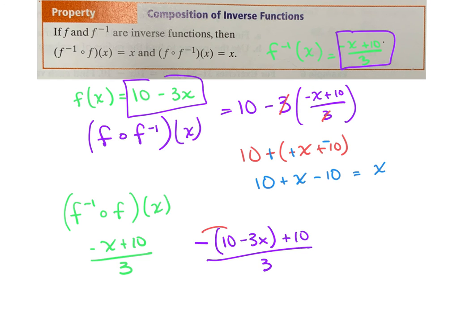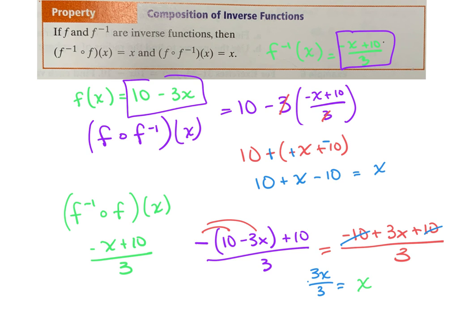Distribute your negative. So I get a negative 10 plus a 3x plus a 10, over 3. What happens to my 10s? They cancel. I have 3x over 3. Reduce, I get x. So if they are inverses of each other, the composite will always be x.